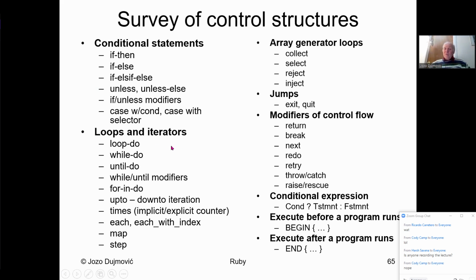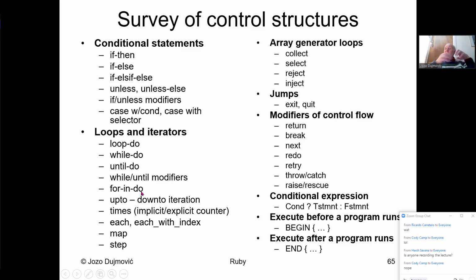Then with loops and iterators. Loop do is an infinite loop. While do is a loop with the exit at the top. Until do, a loop with the exit at the bottom. While and until can be used as modifiers appended at the end of an expression. Then the for loop, that is for element in collection, do something.